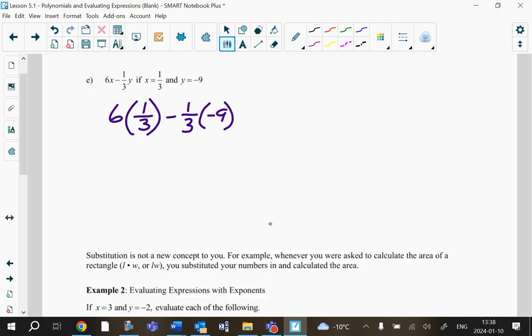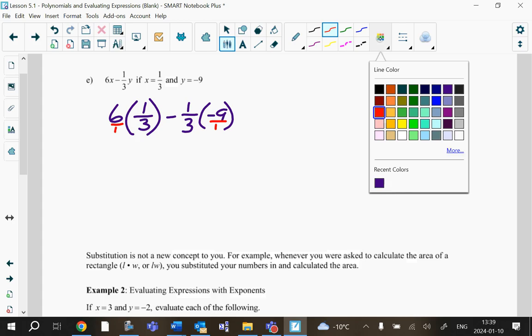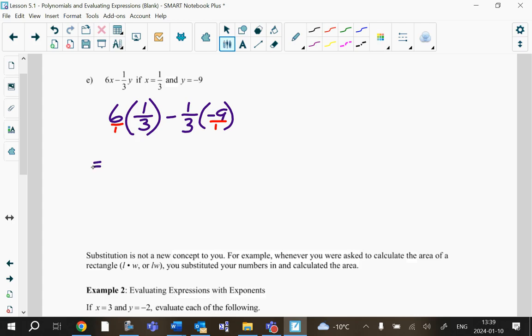Well, we're multiplying fractions here. So remember, 6 is the same as 6/1. -9 is the same as -9/1. So what is 6/1 times 1/3? 6/3, which is 2.